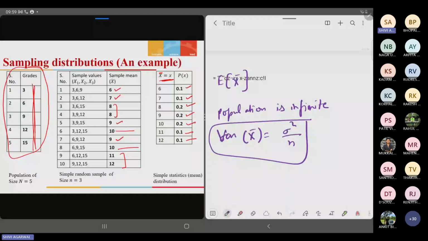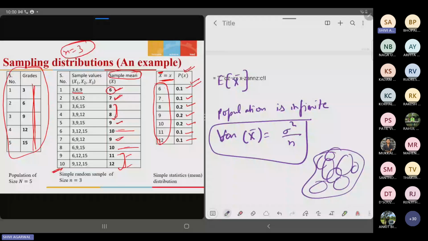So what we are saying here is the mean of a sample mean. The mean of a sample mean is equal to the population mean. So we are just taking the formula here. By using this concept, we have shown that expected value of x bar is 9 and variance of x bar is equal to 3.